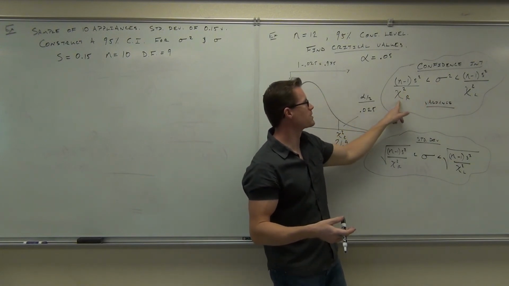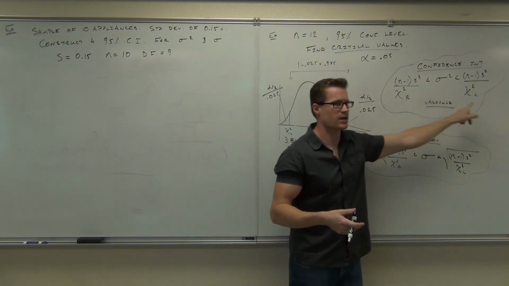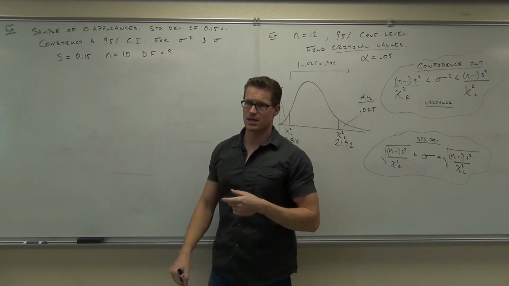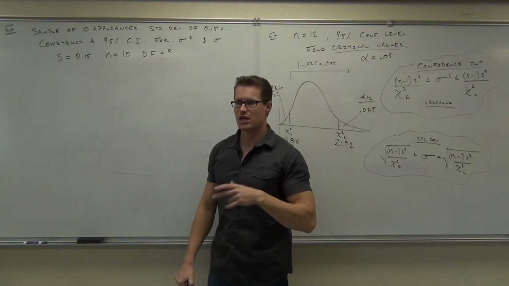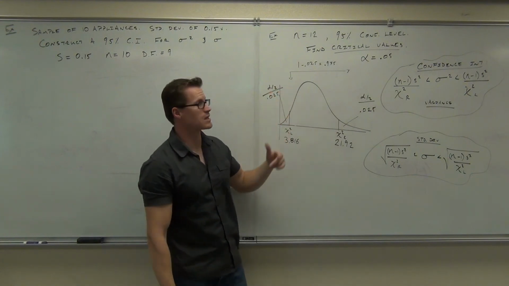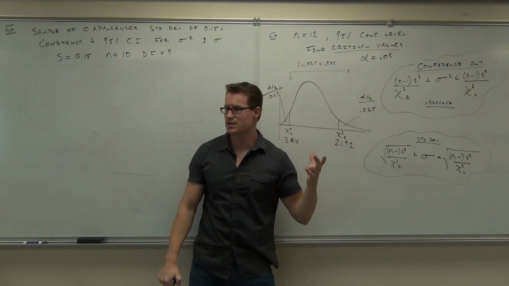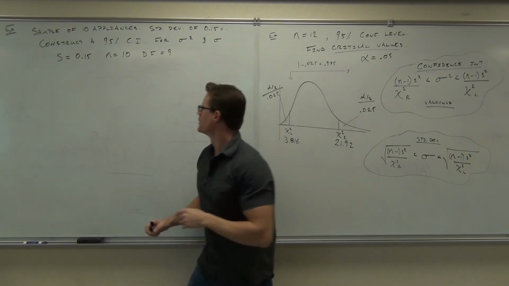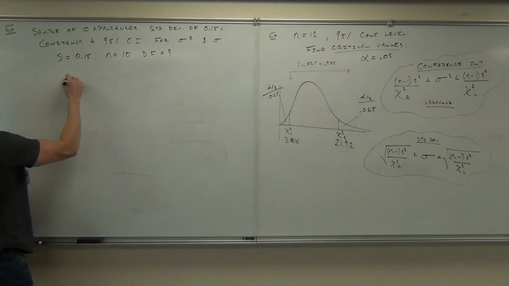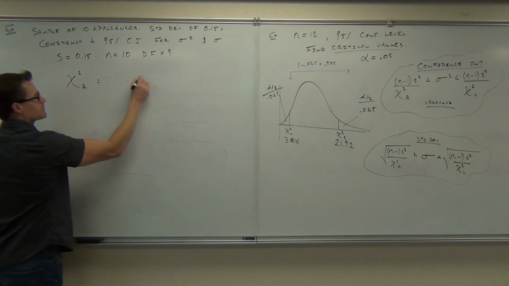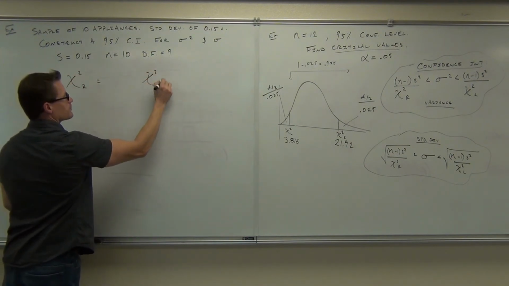We also need to find the markers, chi-squared right and chi-squared left, for a sample size of 10. That's going to be changing from our last example where we had a sample size of 12. So every time you do this, you potentially could get a different chi-squared right and chi-squared left.